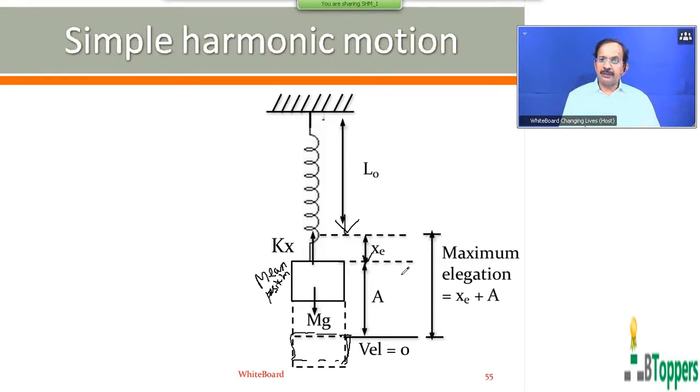In some of the numerical examples, you may be asked to find the maximum elongation of the spring from its natural length. The maximum elongation of the spring from its natural length is equal to xe plus A. xe is the elongation of the spring in the equilibrium position of the block, and A is the magnitude of the displacement amplitude, which is the distance between the equilibrium position and one of the extreme positions.